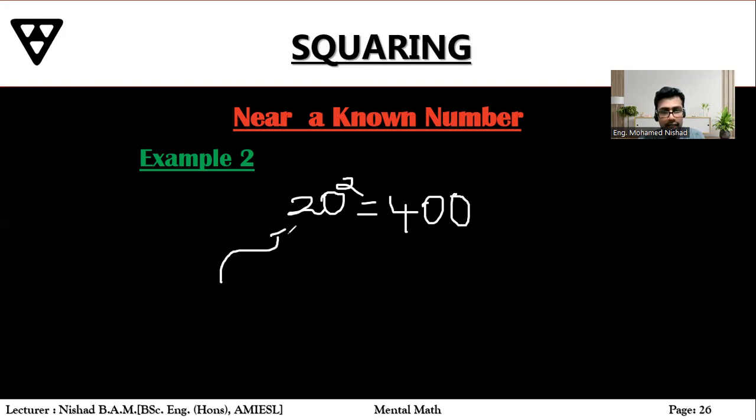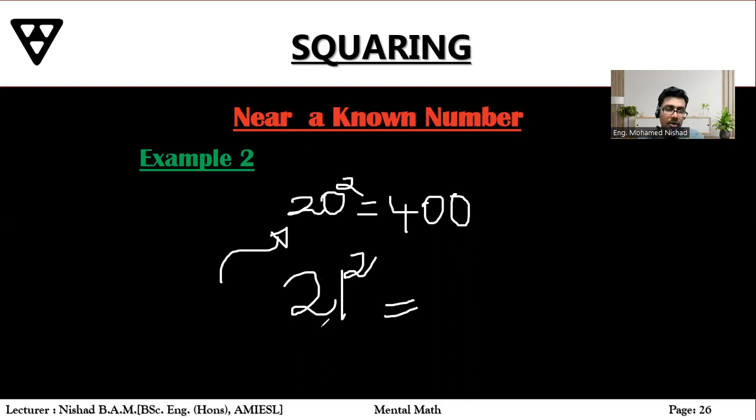So then 20 is called a known number. Now, if we are going to calculate a number that is near to a known number, as an example, 21 square, that will also be easy, right? Let me explain the technique or the trick, so then it will be easy for you to do the calculations.